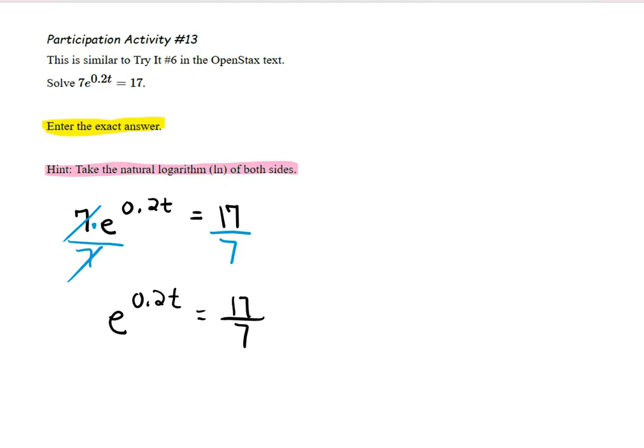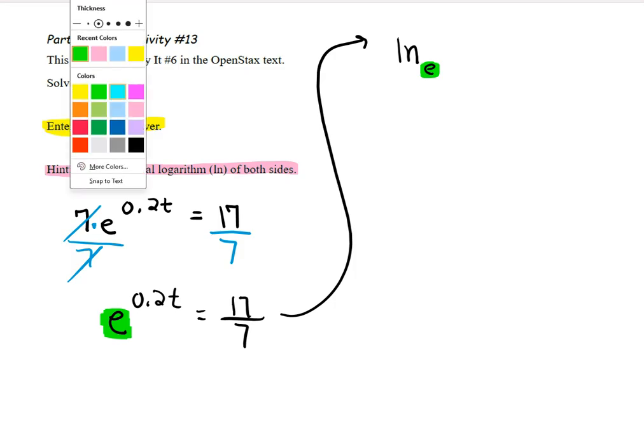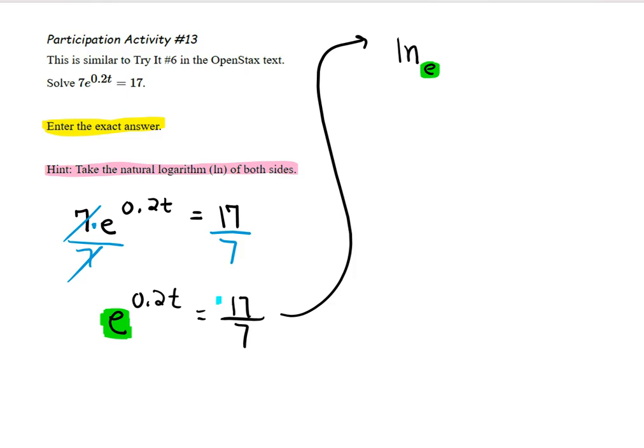Since it's base e, when you convert it, that'll be the natural logarithm base e, although this really will be invisible, of the answer here. That's what you'll take the natural logarithm of.